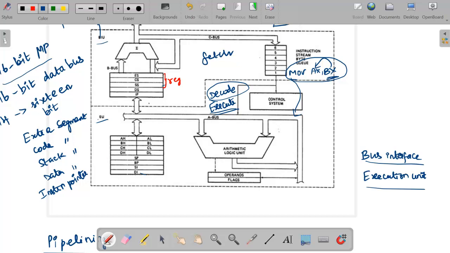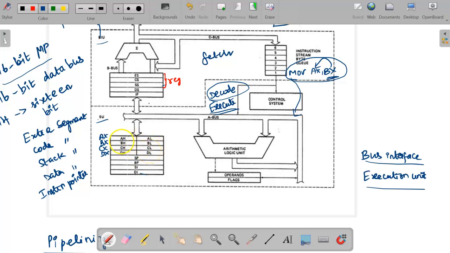And then we have some internal registers here. So AX, BX, CX and DX we have. These are 16-bit registers, which I can name AX, BX, CX and DX, but each has been split into two 8-bit halves: AH, AL, BH, BL, CH, CL, DH, DL.